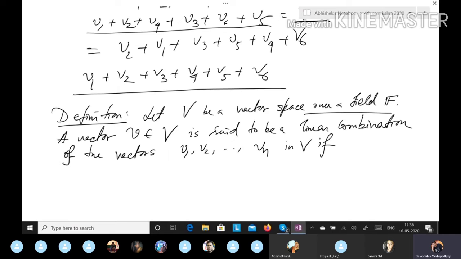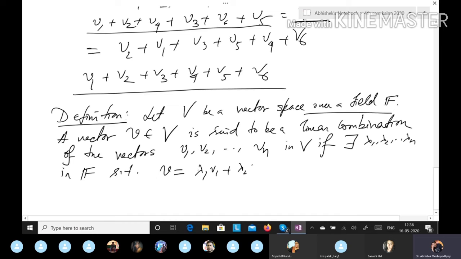If you can find n many scalars, lambda 1, lambda 2, ..., lambda n in F such that v can be represented as lambda 1 v1 + lambda 2 v2 + ... + lambda n vn. In this way, the linear combinations of finitely many vectors will be formed.